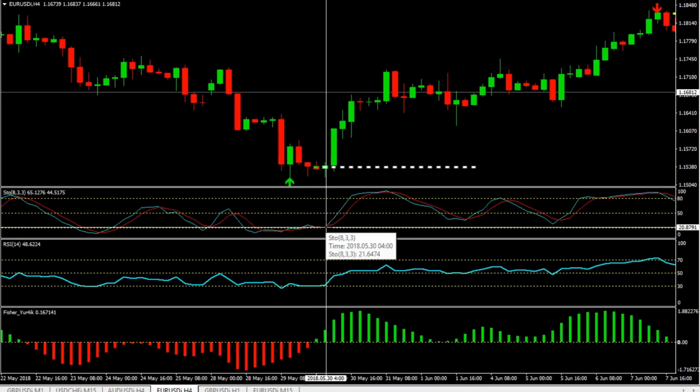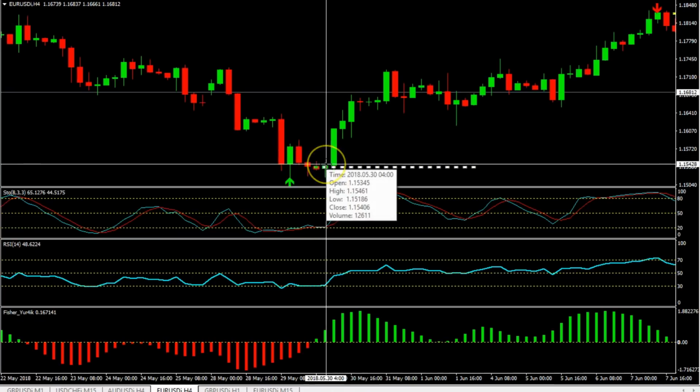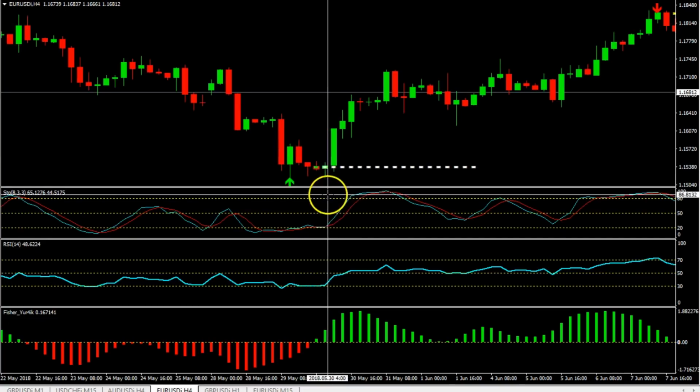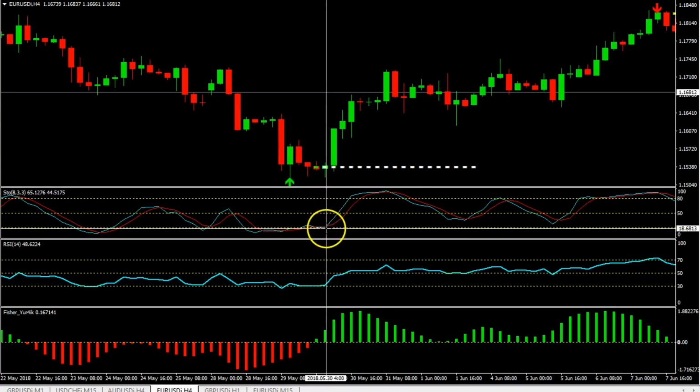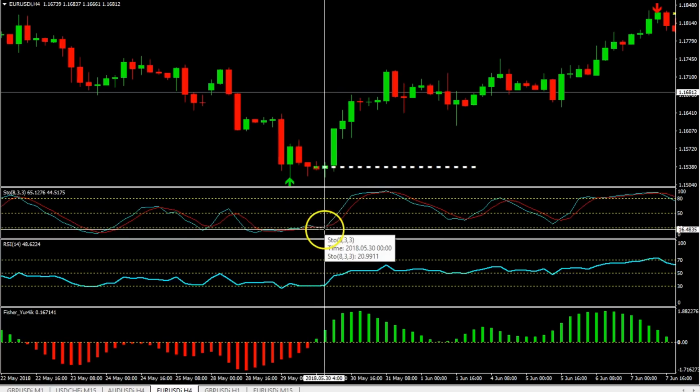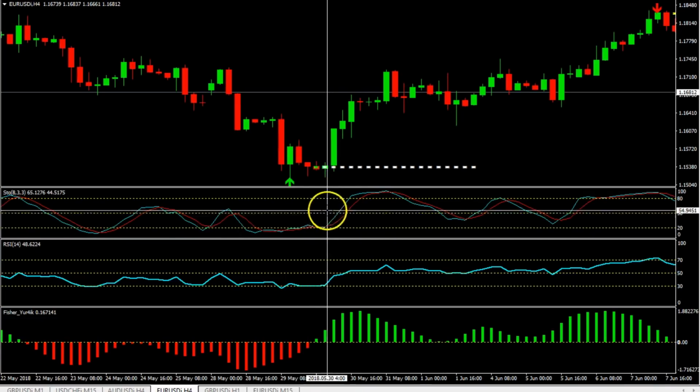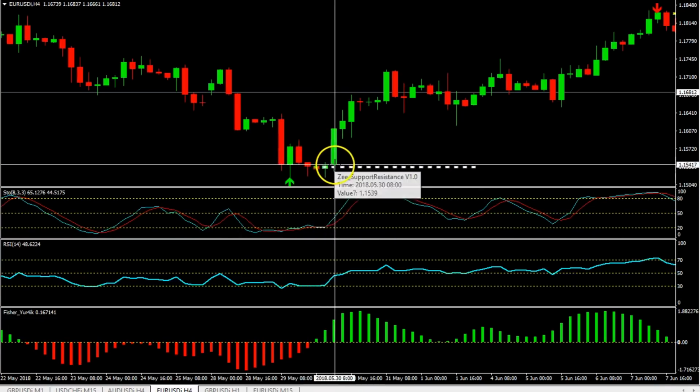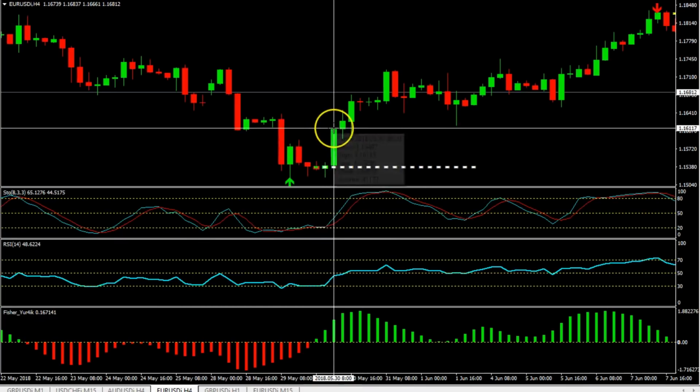Now you get the second one, second arrow, second candle, and you bring the line there. Fissure is getting stronger. RSI has started going up and the stochastic has crossed the blue line, has crossed the red line. So if you're an aggressive trader, you can buy here. If you are a conservative trader, you buy here.